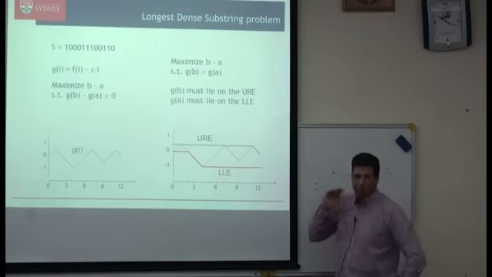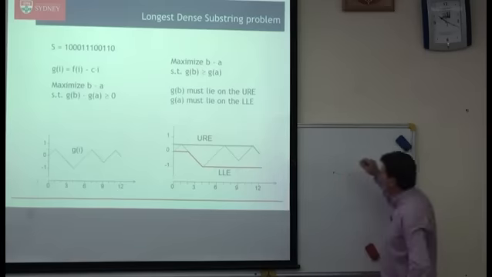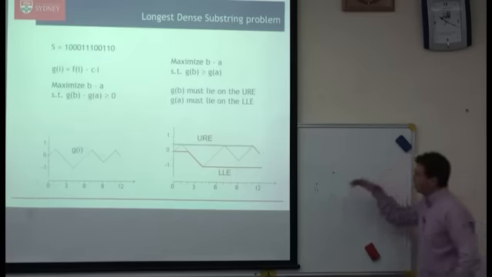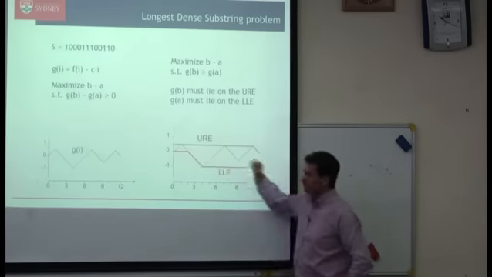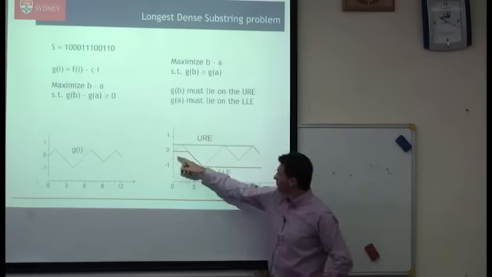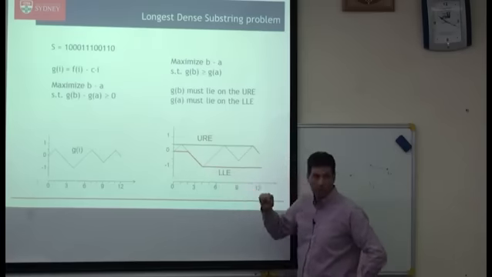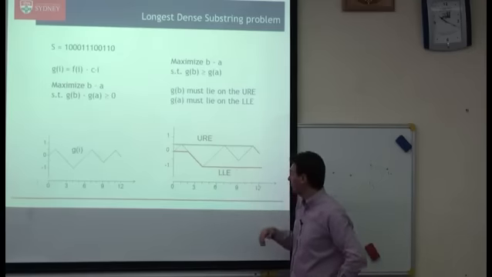It's everything that is above the curve that I can see looking from a point at infinity. Does that make sense? Yeah. So it would be this envelope here. Right? And similarly, I can define the lower left envelope, as everything that is below the curve that I can see from minus infinity.